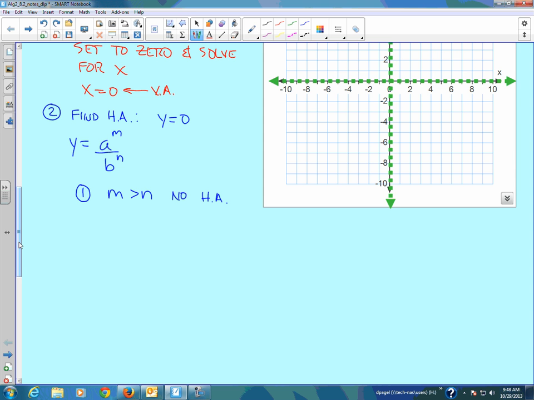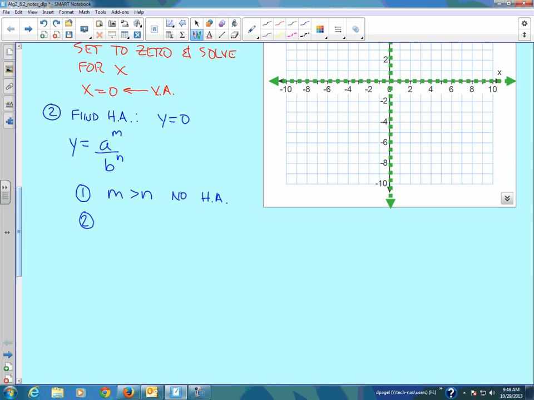And thinking about why this is the case, if I had, let's say, x to the third over x squared, every time I put bigger and bigger values in for x, my numerator value gets larger, my denominator value gets larger, but not quite as fast, and I'll never be approaching a value of y equaling something when the numerator on the top is always getting bigger faster than the denominator on the bottom. So in this case, no horizontal asymptote.